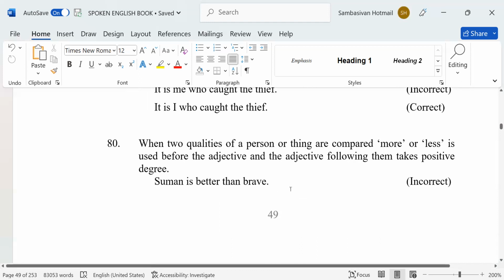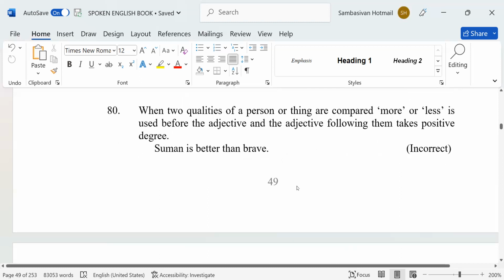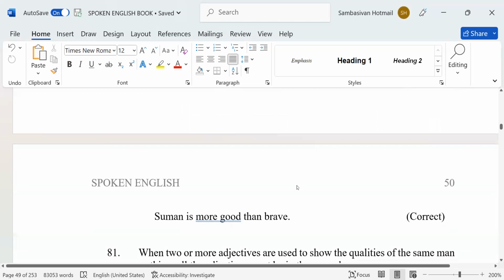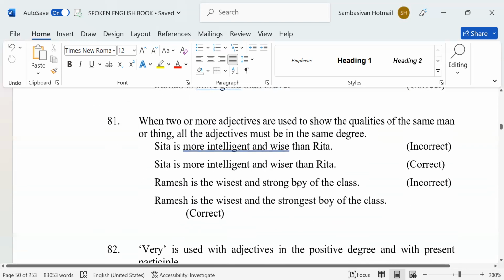When two qualities of a person or a thing are compared, more or less is used before the adjective, and the adjective following takes the positive degree. Suman is better than brave. Incorrect. Suman is more good than brave. Correct.